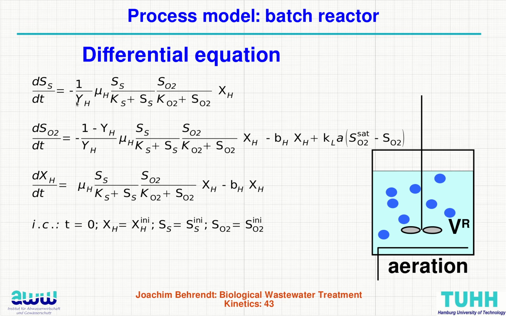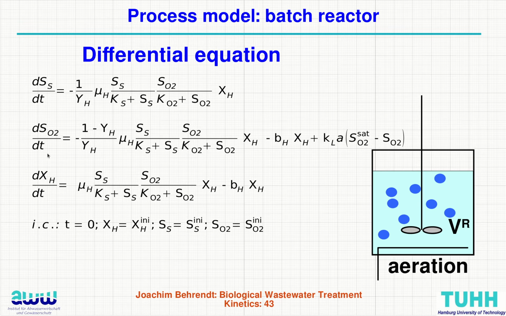And we have here a stoichiometric coefficient, 1 divided by the yield coefficient of the heterotrophic microorganism. This H stands for heterotrophics. And of course the minus, because hopefully we will degrade our substrate, and I'm expressing this with the minus in the mass balance.